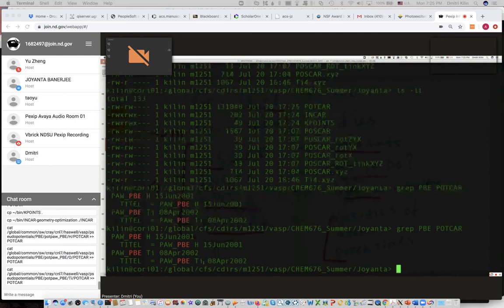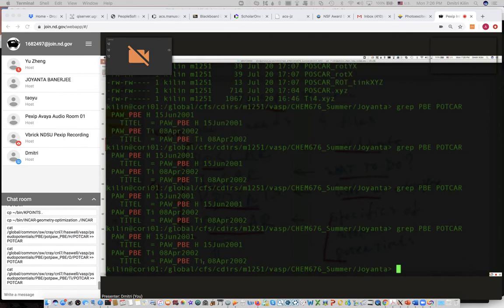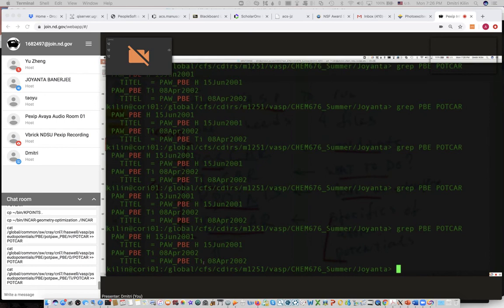So it looks like your POSCAR includes potentials only for hydrogen and titanium. So yeah, then title PBE hydrogen is 15 June 2001. It's just a check if you have a good POSCAR file.